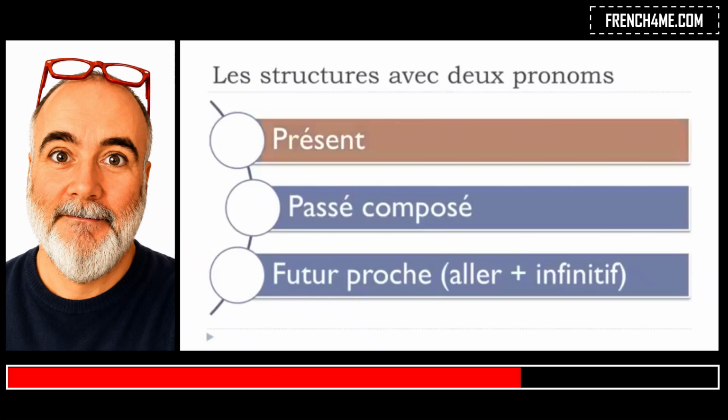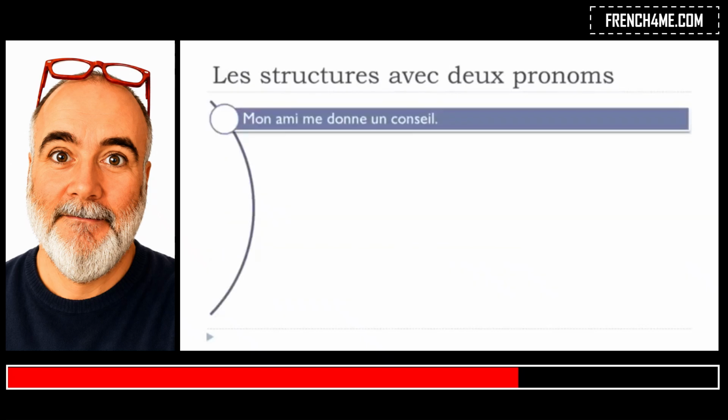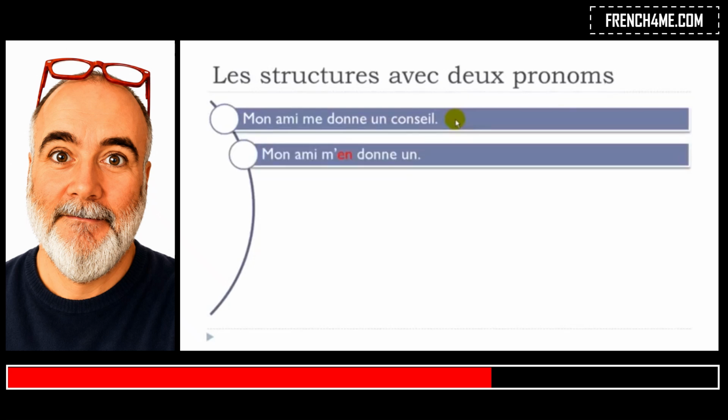So let's see now the présent. Mon ami me donne un conseil. All right, so mon ami, my friend, me donne, donner is to give, un conseil, an advice. Let's say that we would like to replace un conseil, and we saw in the previous lesson that un conseil could be replaced with en.